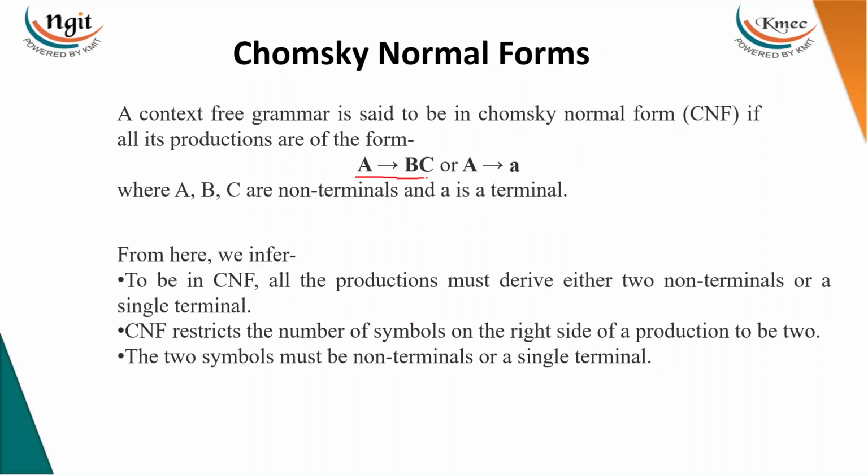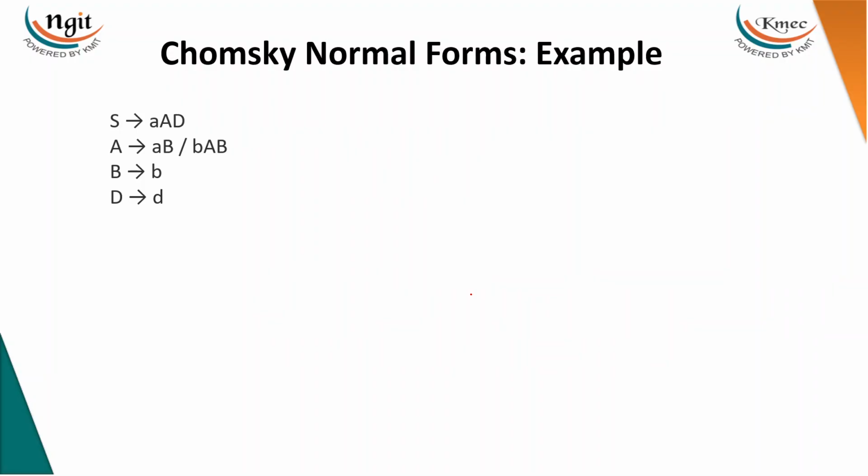Every production must be in this form: two non-terminals on the RHS or a single terminal. The two symbols must be non-terminals, or a single terminal. Whatever rules we have taken are listed here. Let me explain. Here we have a two-step process to convert any grammar to Chomsky normal form.